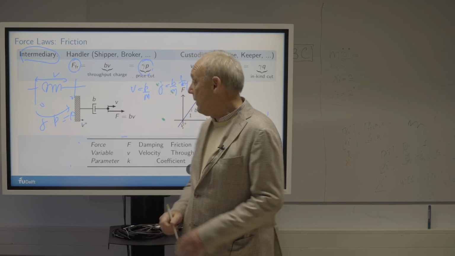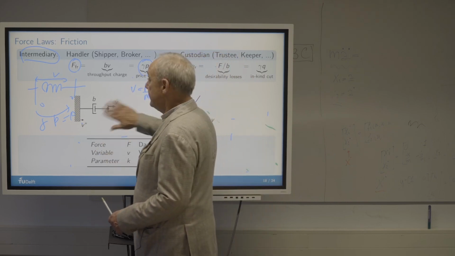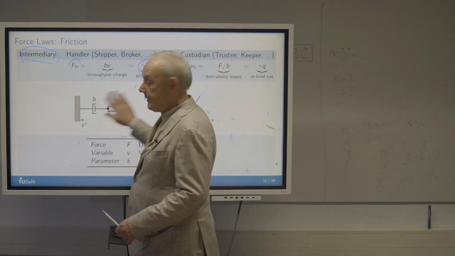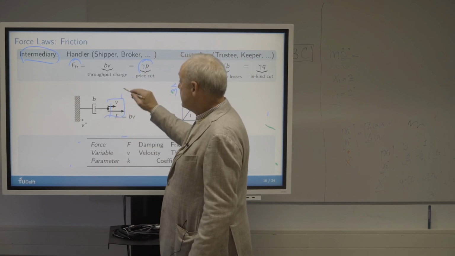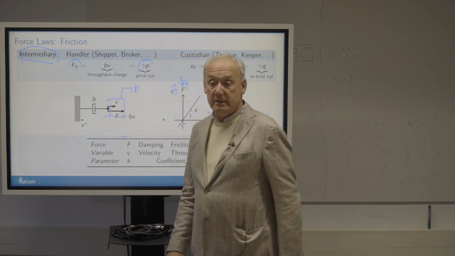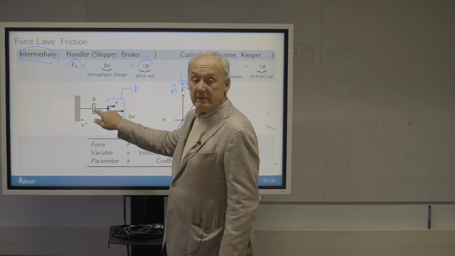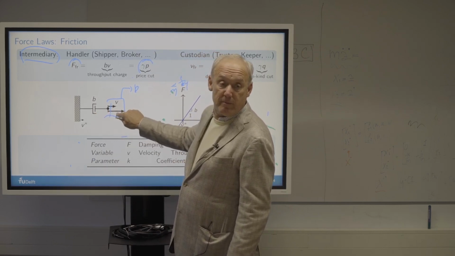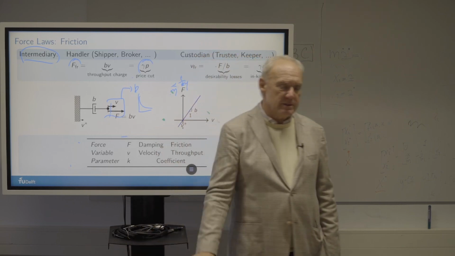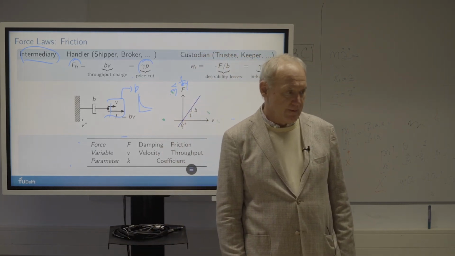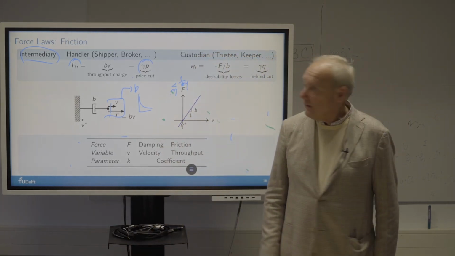So that's the way you can interpret this damper. If I put math here, you would see that the mass has a certain momentum, that's the price. You would see the effect is that this damper would reduce this momentum in time. We'll get to the exact equation, but you know this.